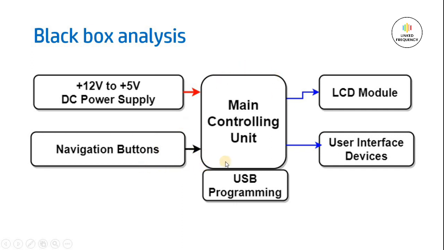And then we have a main controlling unit which is responsible for receiving data from the navigation button and displaying it on the LCD module. Also, we need an LCD module so that we can display whatever is coming from the navigation button or processed in the microcontroller. Thereafter, we will be adding one more block which is essential for our understanding, that is all about user interface devices.